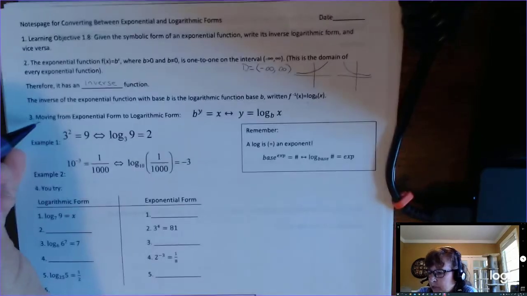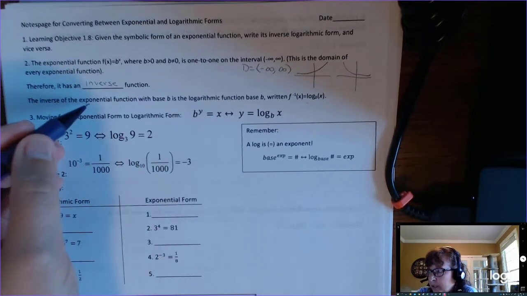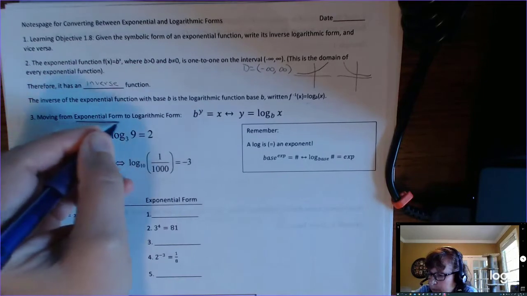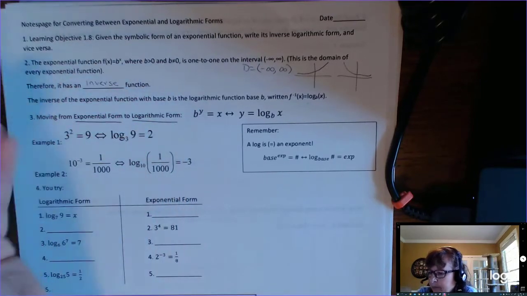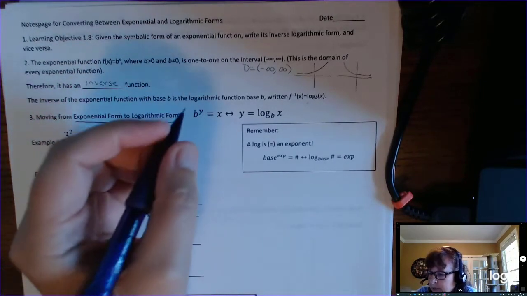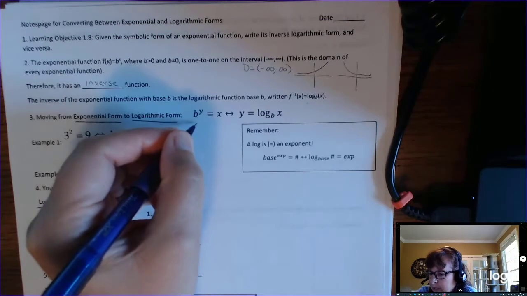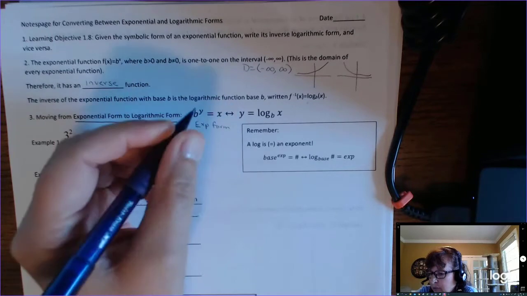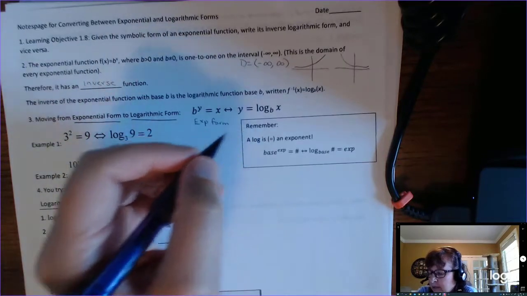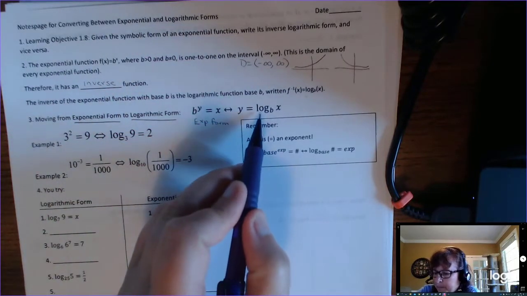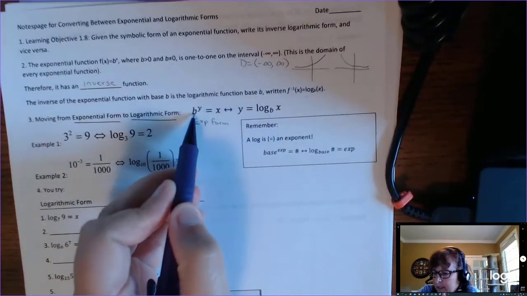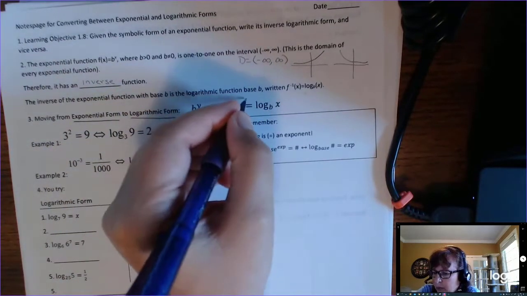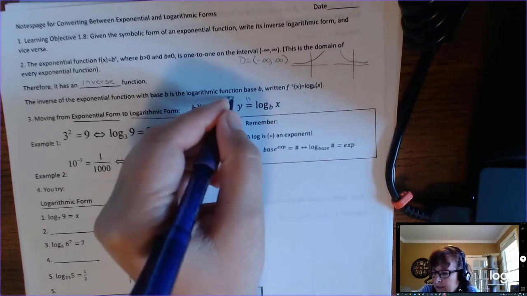But let's just review what we can do with this fact here, and that is we can go from exponential form to log form and back and forth. So if you have exponential form, b to the y equals x, then you can write that as a log. If you remember, the log base b of x equals y, because a log is an exponent.